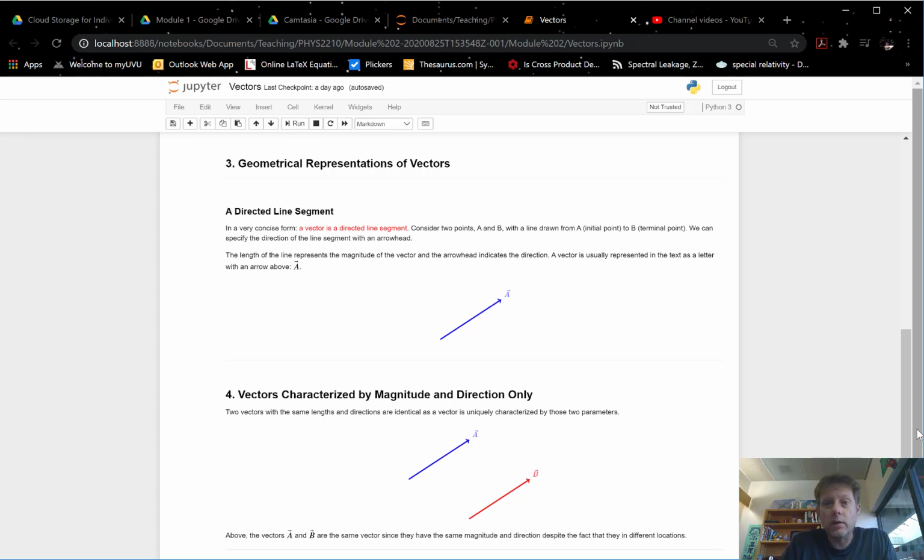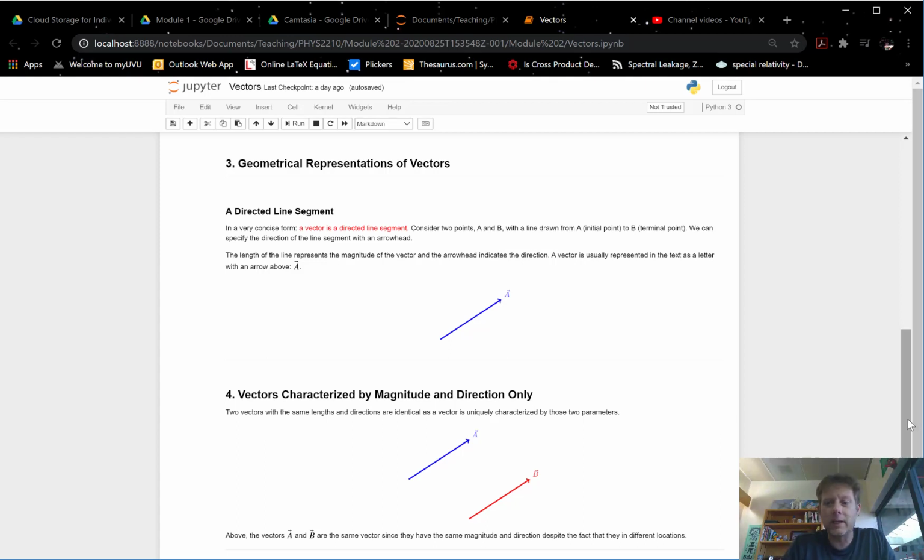In a geometric sense, we can call a vector a directed line segment: if we take an initial point and a terminal point, draw a straight line between the two, and indicate a direction from the beginning to the end, then we have a directed line segment, and that is our vector between those two points.